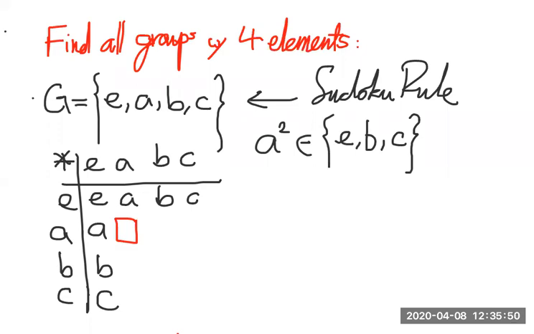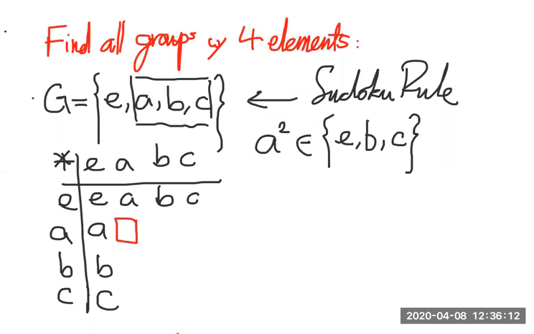One thing to note is that the order here doesn't really matter. There is no real difference between A, B, and C. In a group, we don't naturally have an order between elements.